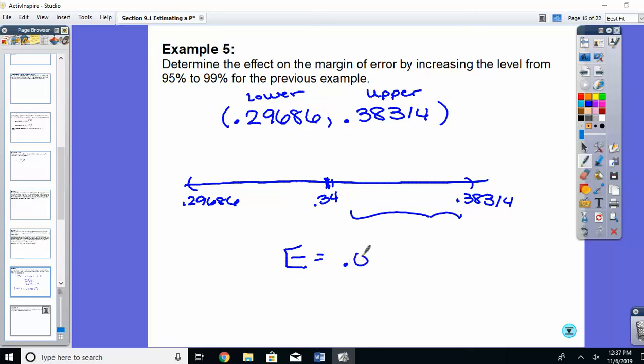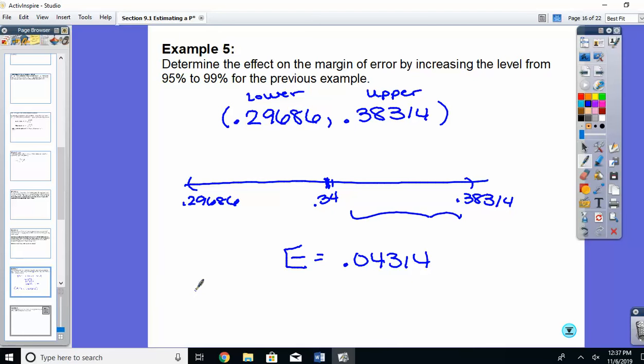That's 0.043. So what happened to the error? Did it go up or down? Yesterday's example, what was our error? 0.033, and now it's 0.043.